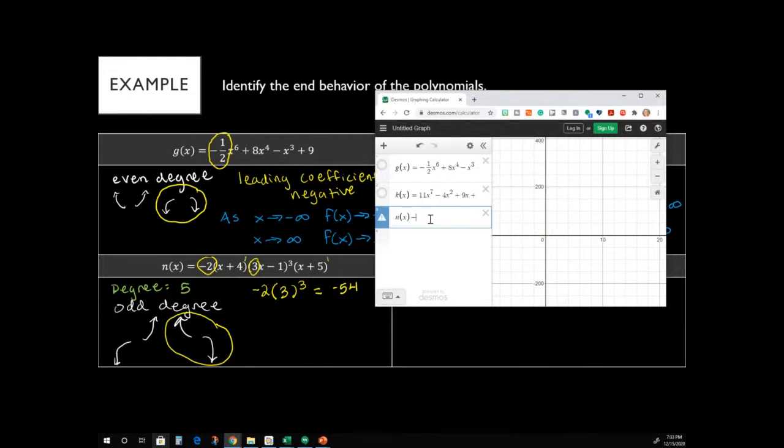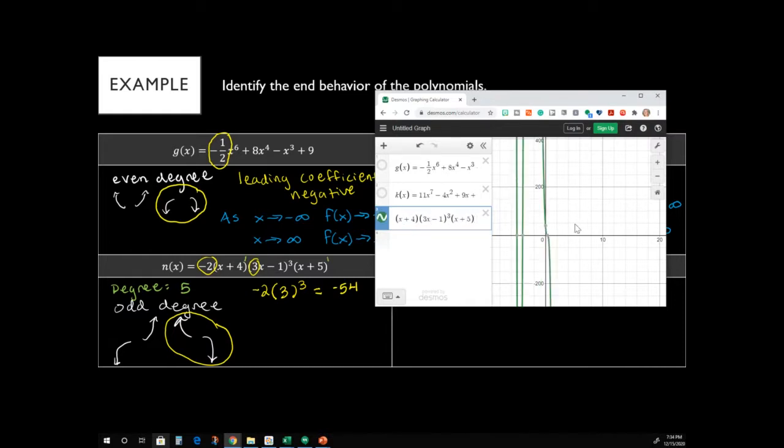Let me turn this off first. I've got my -2, and then we have x plus 4, and then we have 3x minus 1 to the third, and then, oops, I gotta get out of the exponent, x plus 5.